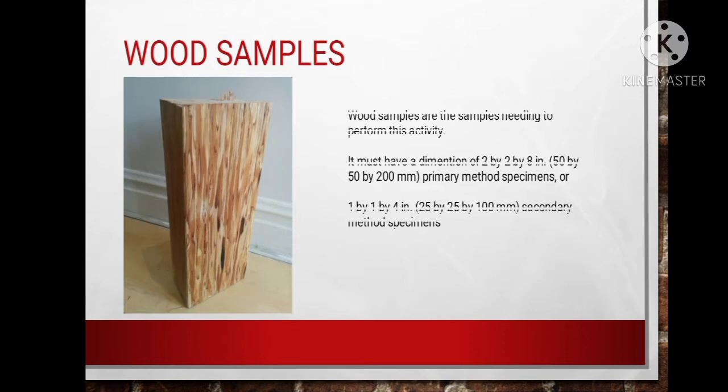Wood sample. The wood samples are the samples needed to perform this test. It must have a dimension of 2 by 2 by 8 inches or 50 by 50 by 200 millimeters according to the primary method of specimens, or 1 by 1 by 4 inches or 25 by 25 by 100 millimeters according to the secondary method of specimen.